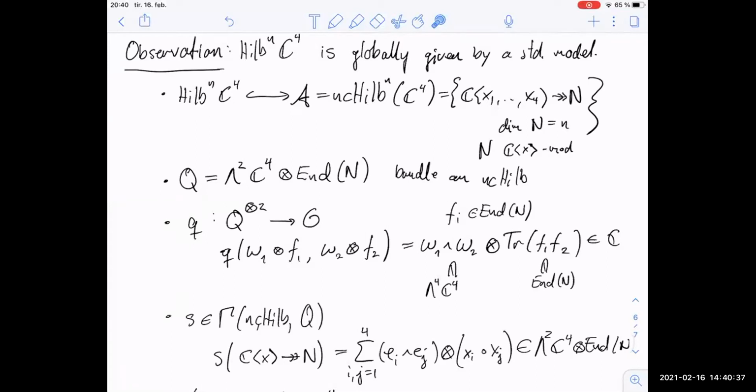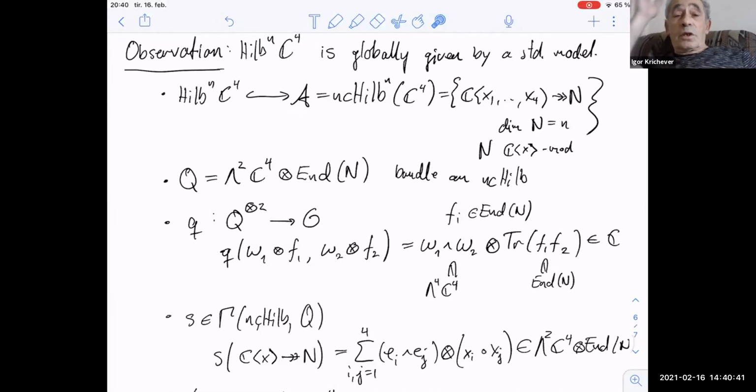Sure, more questions. I have not a question, but rather a historic comment regarding this choice of signs. In the localization formula for unitary cobordism theory, the sum over fixed points comes with a choice of sign.